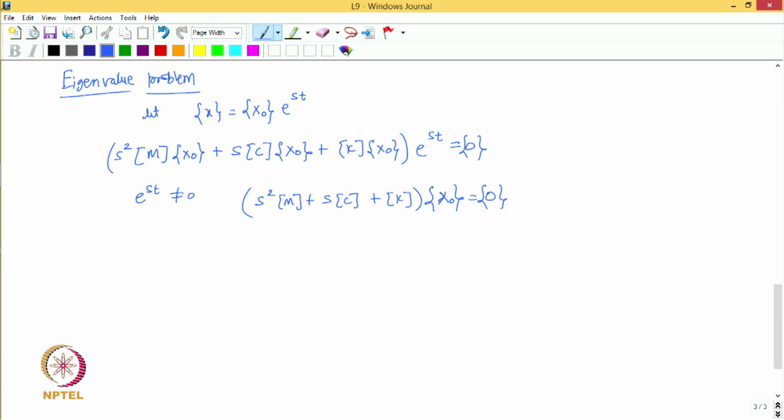So, this basically represents an eigenvalue problem, in the form of a quadratic eigenvalue problem.